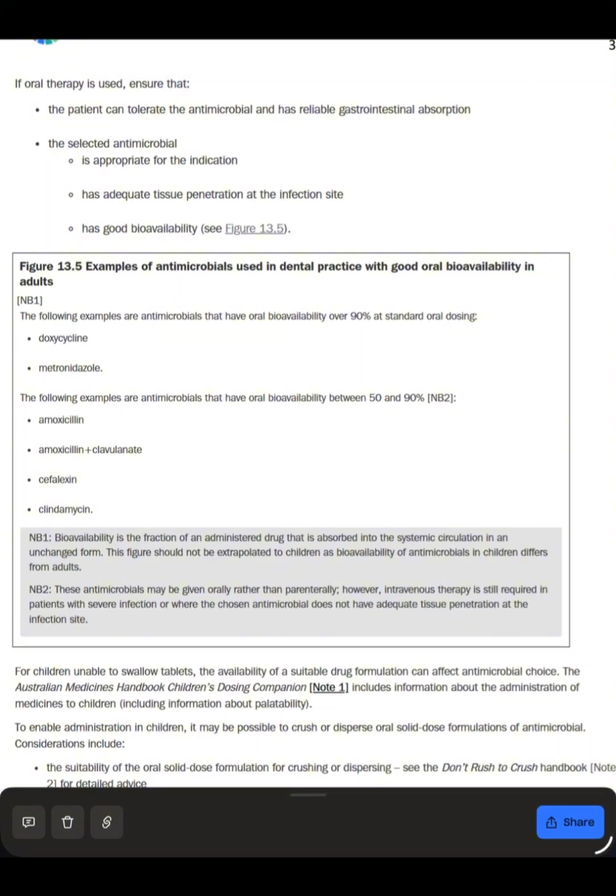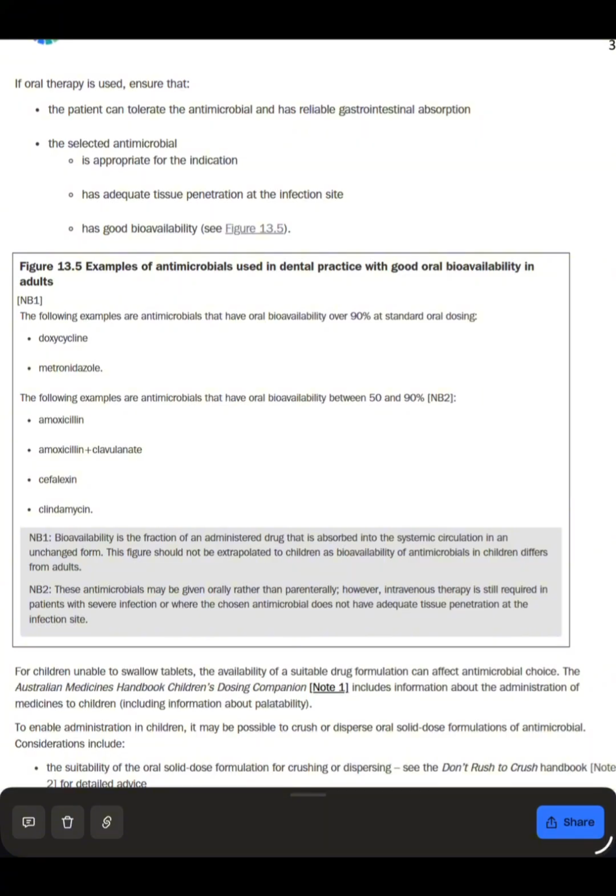This figure should not be extrapolated to children, as bioavailability of antimicrobials in children differs from adults. Okay? Now, the following examples are antimicrobials that have oral bioavailability over 90% at standard oral dosing.